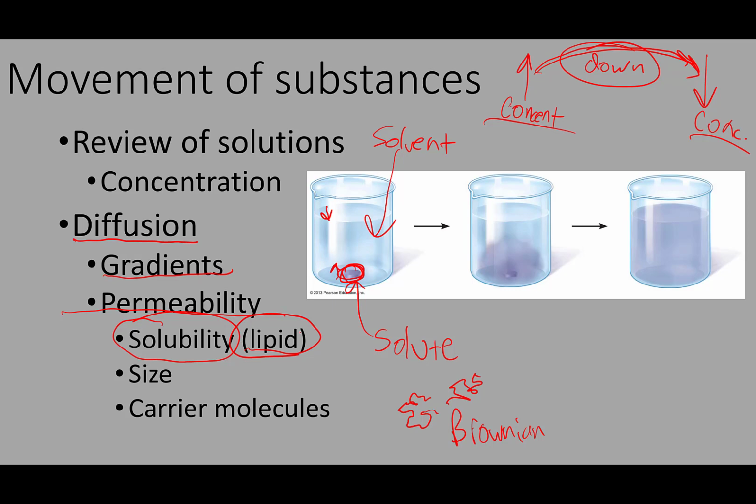Remember, oil and water, fat and water, they don't mix. But oil and oil, fat and fat, they do mix. They are attracted to each other. And since the plasma membrane is mostly fat-based, things that are fat-based, things that are lipid-based, can cross the plasma membrane pretty easily.